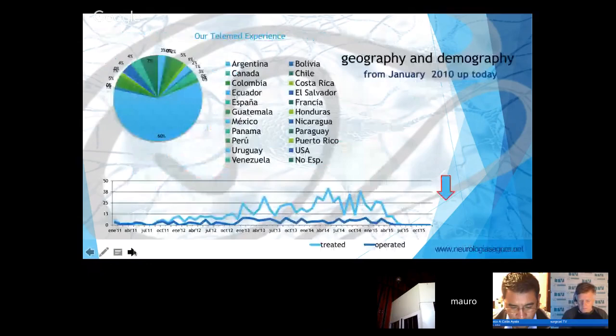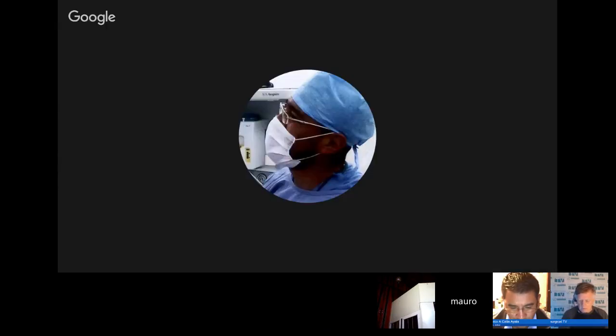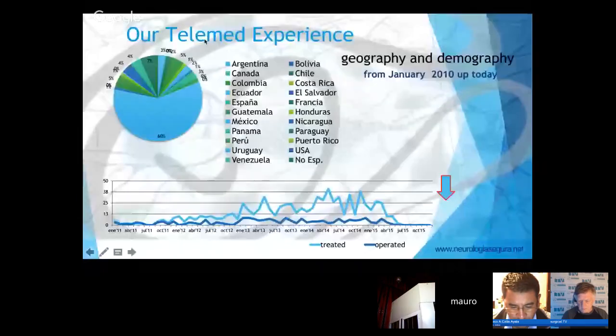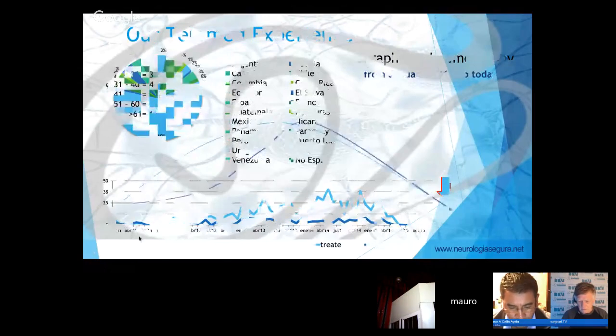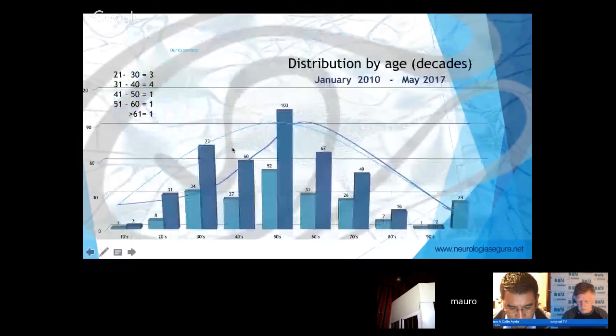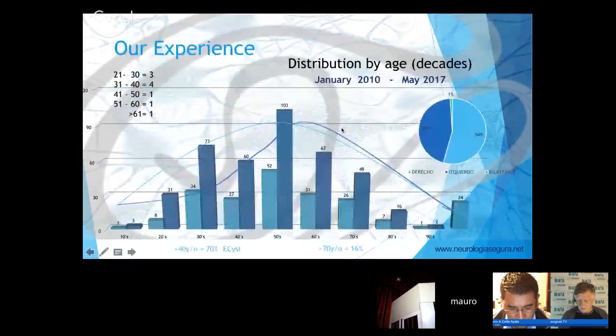In the next table, we can see we have been working for the last 15 years in what we call telemedicine, in collaboration with the US. Most of our patients came from Mexico, but others came from other Latin American countries. None from Yemen, of course. And this is our general distribution by age.